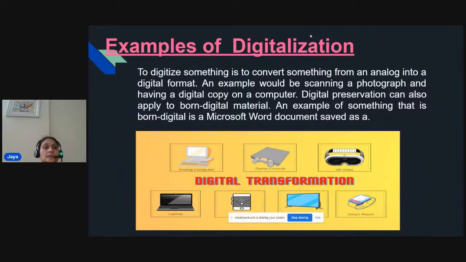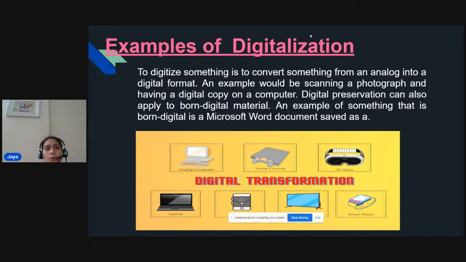Now, my second slide comprises the examples of digitalization. When I'm talking about the examples of digitalization, there are a hell of a lot of examples. I'm not talking about one or two. There are multiple, where you are working on some school work, or on some project, or having some art classes or anything.